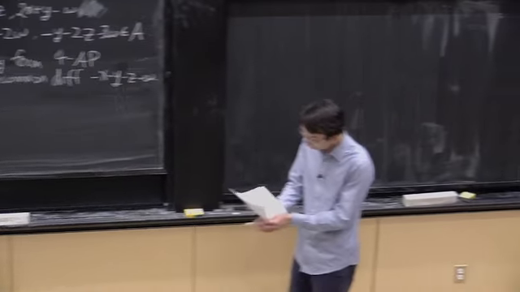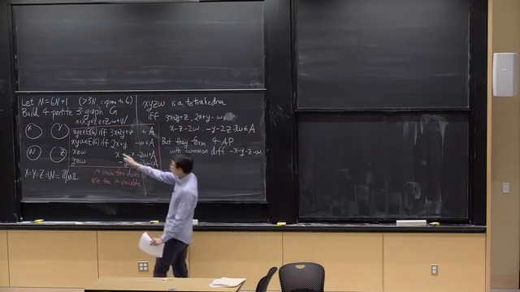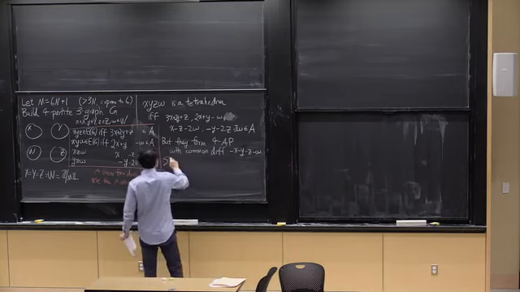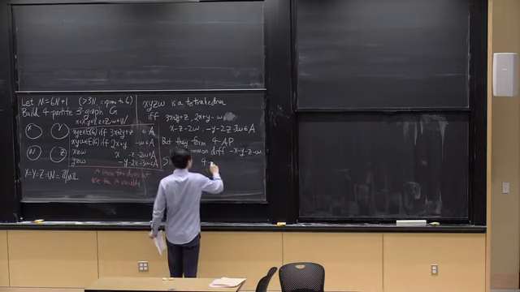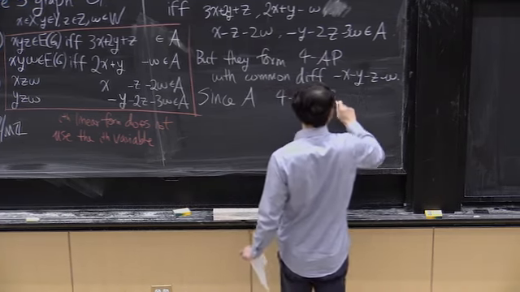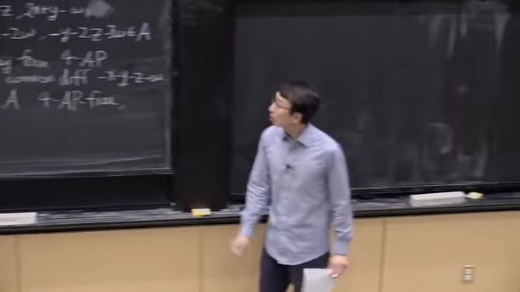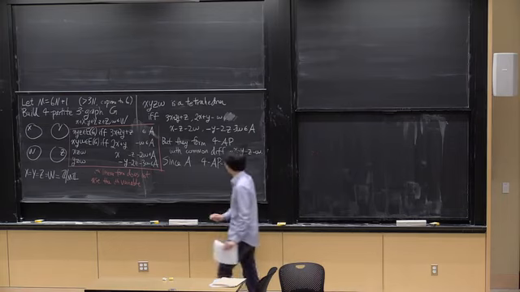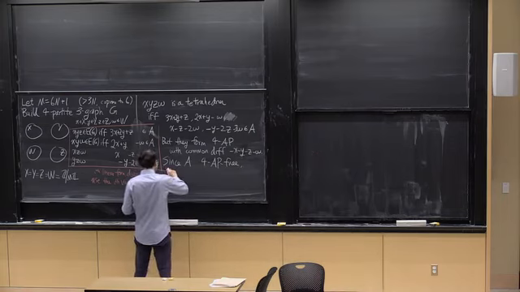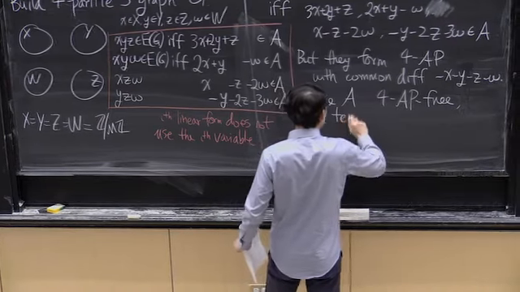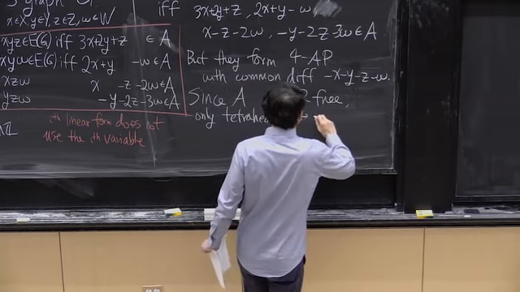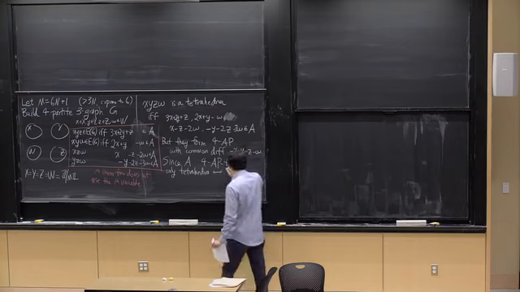All right. But we started with a set A that is 4AP free. It follows that you don't have this kind of configuration unless the common difference is 0. So the only tetrahedra correspond to these trivial 4APs.